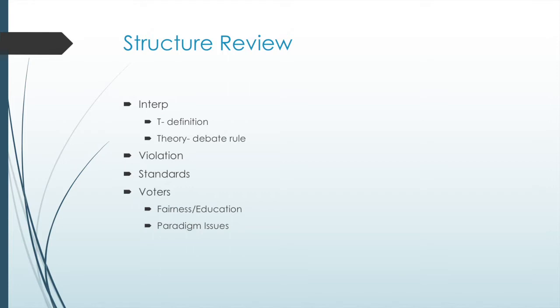You can think of this kind of as like the link part of the shell, where you basically explain why violating this rule, why breaking this definition is a bad thing, or how it leads to bad things. So a common example would be something like ground. So if your opponent violates a T-shell, if they are reading something that is not topical, then that means that you, as the negative debater, do not have any ground.